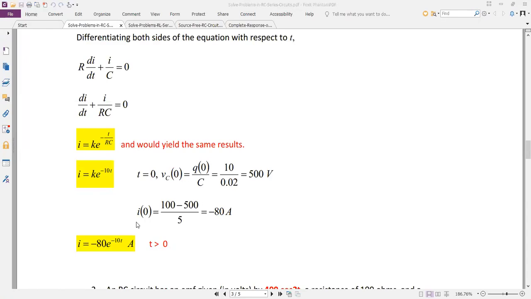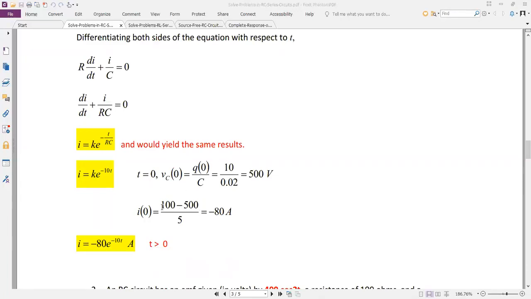So your I of 0, the initial current in the circuit, will be 100 minus 500 divided by 5, and that's negative 80. Remember, class, that the voltage in your circuit initially is 100, because this is your constant voltage source. And this is now the voltage initially at time equal to 0, 500.